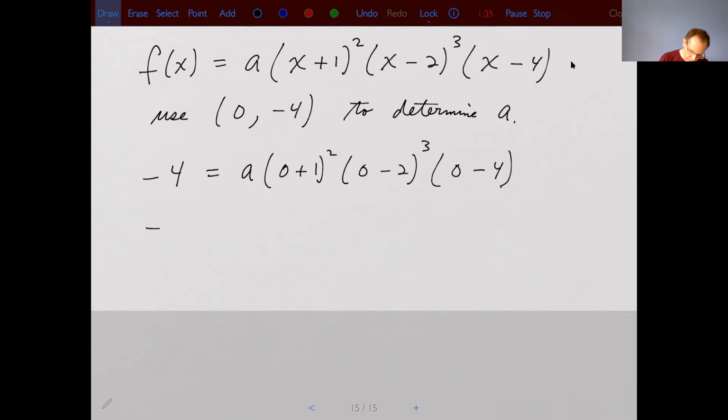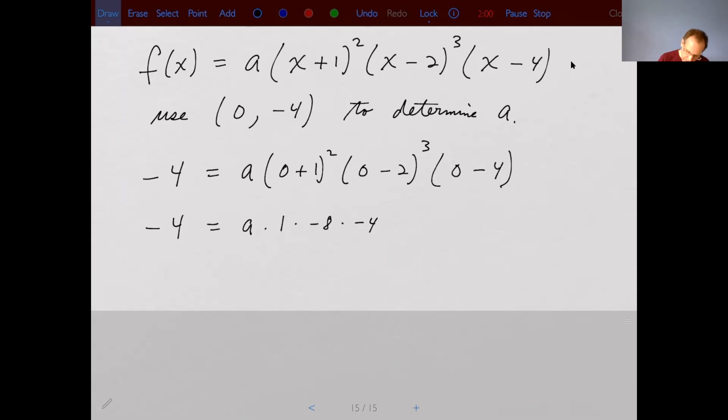I have -4 equals a times... well, 0 plus 1 is 1, and 1 squared is just 1. 0 minus 2 is -2, but -2 cubed is -8. And 0 minus 4 is -4. So I have 1 times -8 times -4, which is a positive 32.